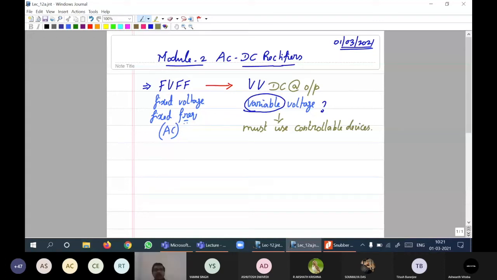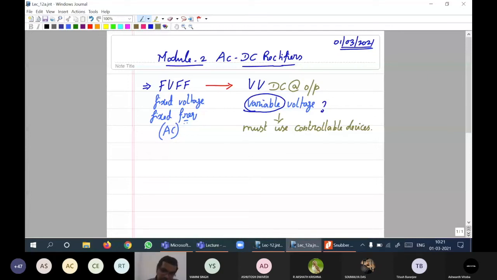Which means the power diode is out of the equation because we want variable voltage at the load end. A diode cannot have control. Therefore, you can't obtain variable voltage at the DC side if you use a power diode. That is out of the question. You can use an SCR, MOSFET, IGBT or transistor. One among them, fair enough. This is the first point that you need to understand.